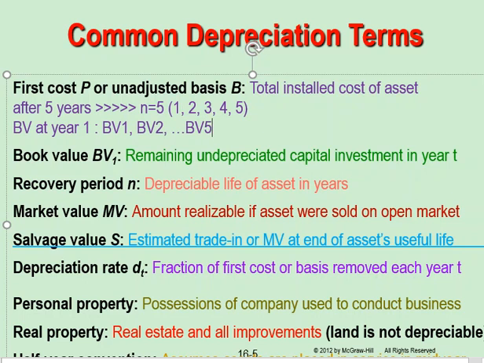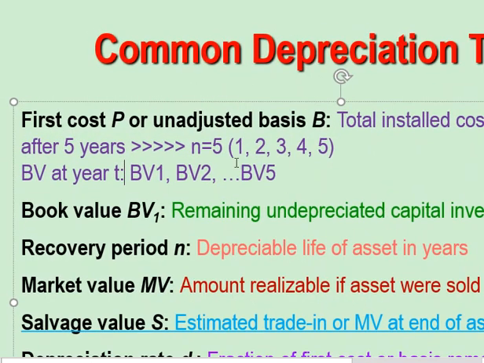PV5. So at year 1, I can get book value 1. At year 2, I can get book value 2. At year 3, at year 5, I can get book value 5. What is the depreciation life?